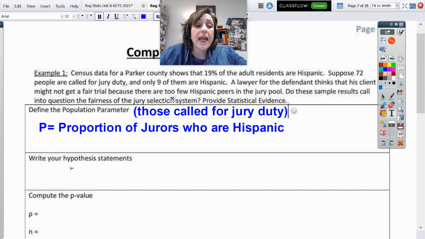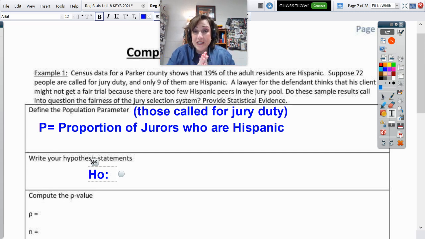Okay, well, if there is no prejudice happening in the selection system, what will our null hypothesis be? If there is no prejudice or discrimination and there's fairness and we get a representative sample of what's in Parker County, then the proportion that get called in for jury duty is going to be 19%.